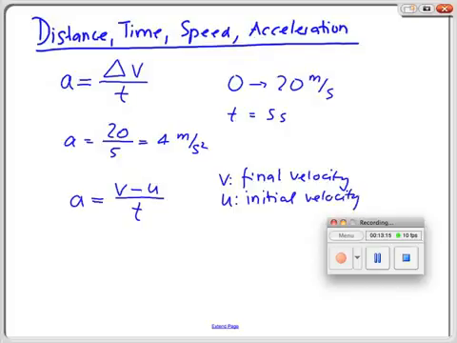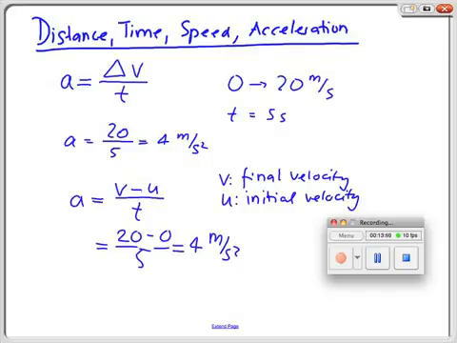Now for the example that I had up there, I would have 20 minus 0 divided by the time, which in this case was 5. So here we go, and of course I get the same answer as before. So this is the other way of writing this same formula.